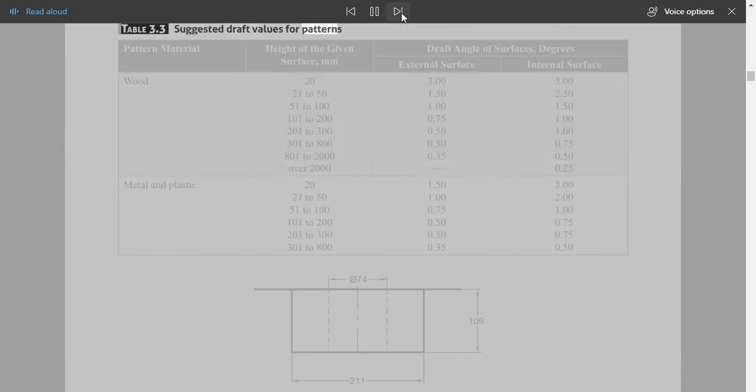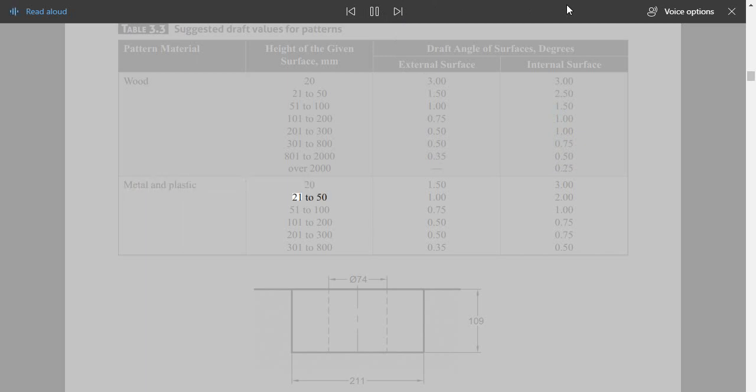Table 3.3 Suggested draft values for patterns. Pattern material, height of the given surface, draft angle of surfaces in degrees, for external and internal surfaces. Wood: 20 to 50, 51 to 100, 101 to 200, 201 to 300, 301 to 800, 801 to 2000, over 2000: 3.00, 1.50, 1.00, 0.75, 0.50, 0.50, 0.35; and 3.00, 2.50, 1.50, 1.00, 1.00, 0.75, 0.50, 0.25.